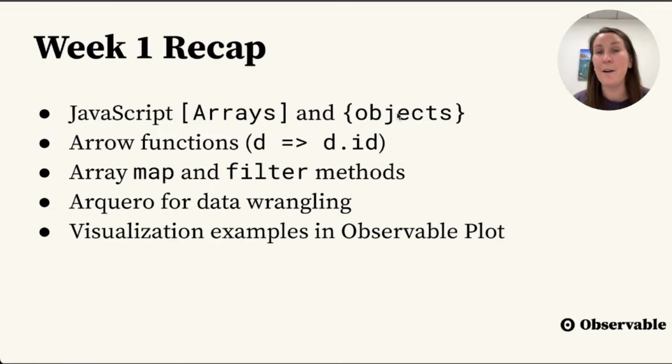We learned about arrow functions as a concise way to create functions in JavaScript. We learned about the map and filter methods, which will iterate through different elements of an array. Map will then apply a function and return the outcome of that function. Filter will check a condition and then return whatever objects actually satisfy that condition or return true.